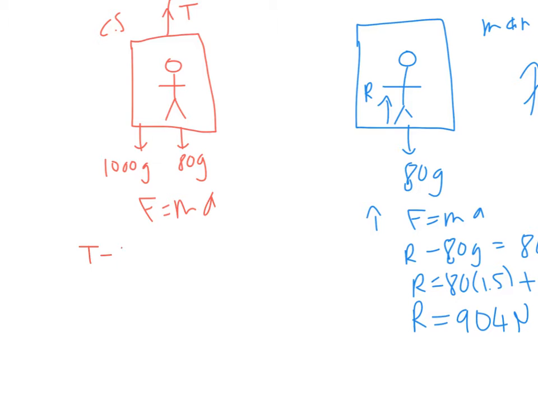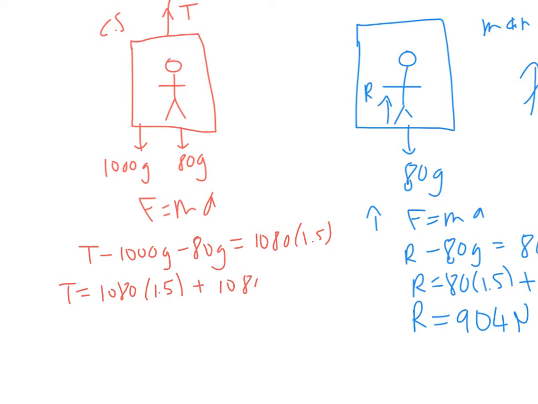Tension, minus what's slowing it down, the 1000g and the 80g, and that equals the mass of the complete system, which would be 1080 kilograms, multiplied by the acceleration 1.5. So tension would be that 1080 multiplied by the 1.5, and then plus that 1080g that's on the left hand side, and then that gives you 12,204 newtons.